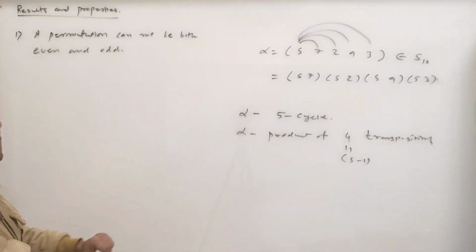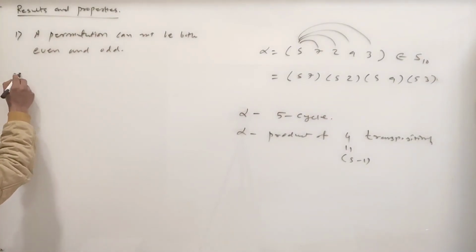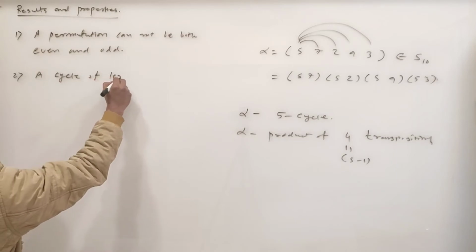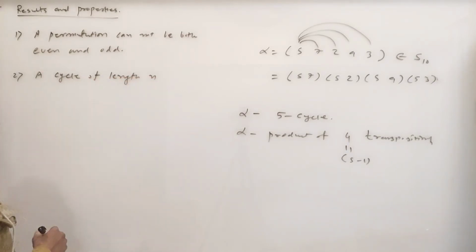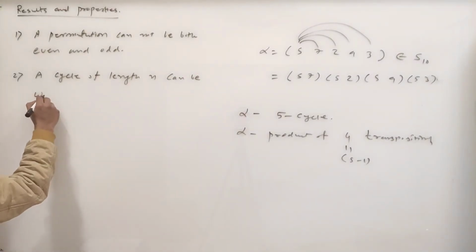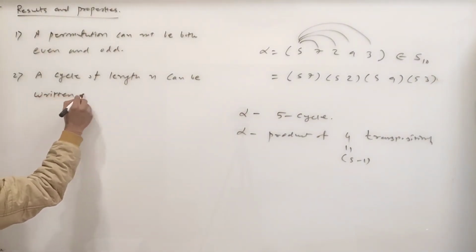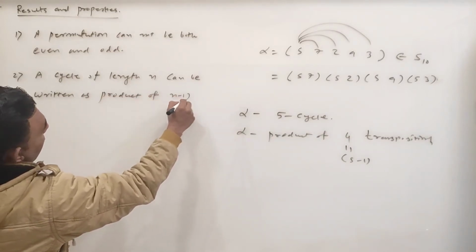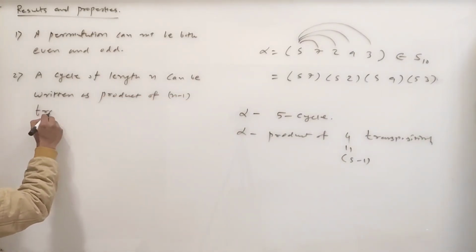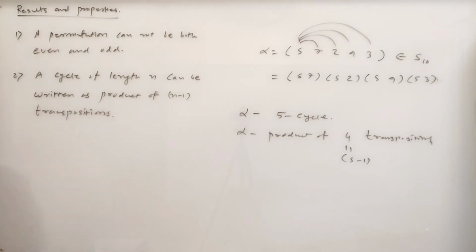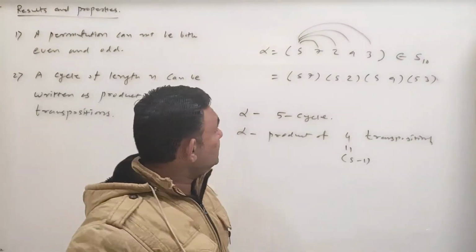So from this observation I can write this: a cycle of length n can be written as a product of n minus 1 transpositions. राइट, n minus 1 ट्रांसपोजिशंस.